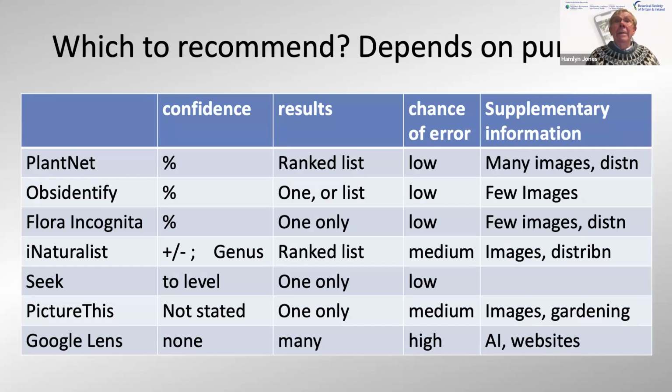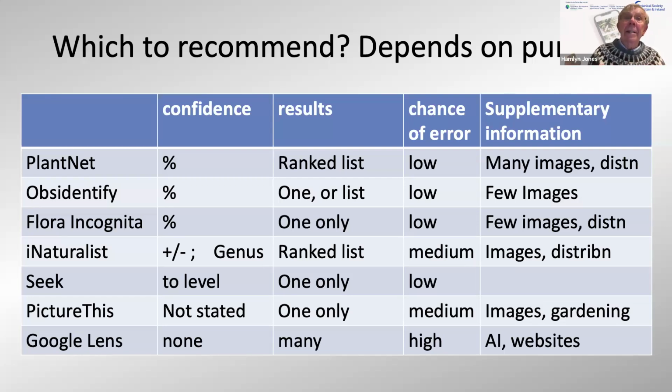So some points about the various apps. I think I might leave this list up. We'll just quickly look at it. The top three on here, which are my top three favoured apps, OBS Identify, PlantNet and Flora Incognita, all give a level of confidence. PlantNet is the only one which really gives a ranked list.